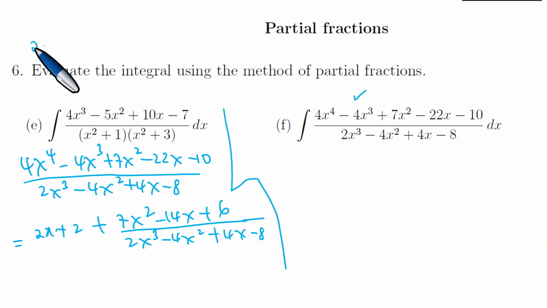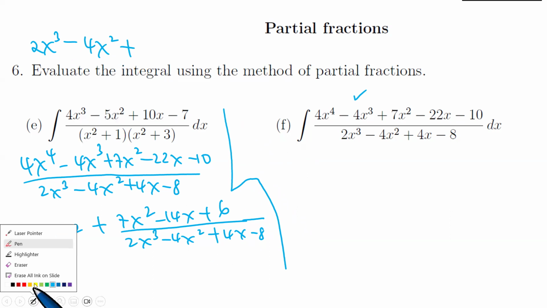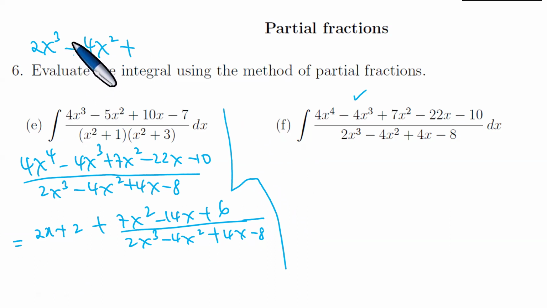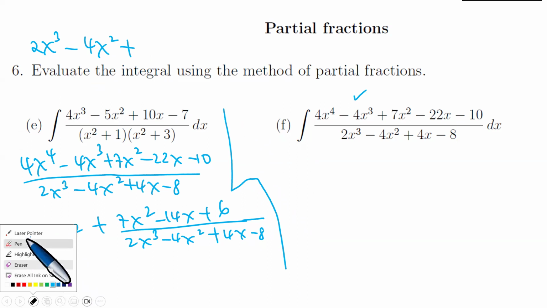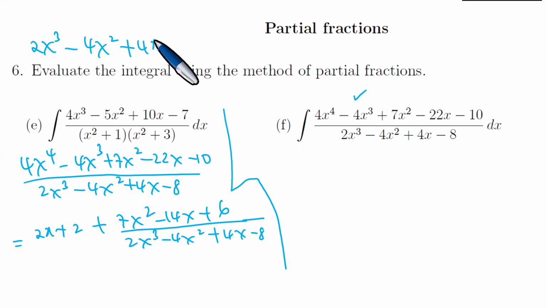To start with, the 2x cubed minus 4x squared plus 4x minus 8.